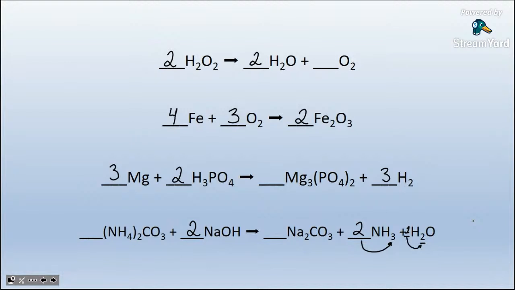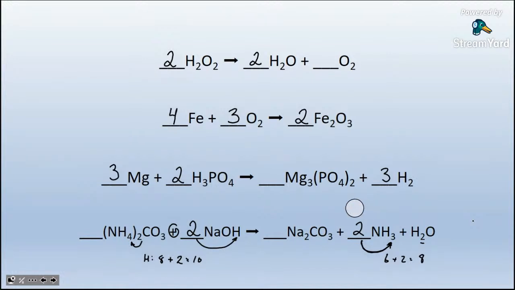So 2 times 4 is 8 hydrogens, plus, I forgot that I've got it in 2 different compounds, 2 times an unwritten 1 is another 2, for a total of 10 hydrogens. Over here, 2 times 3 is 6, plus that 1 times 2 would just be 2, to give me just 8.